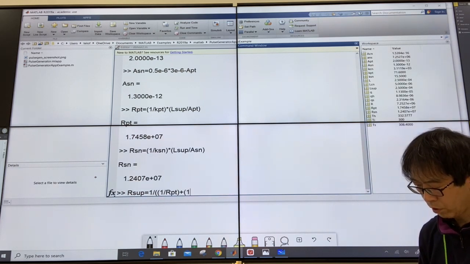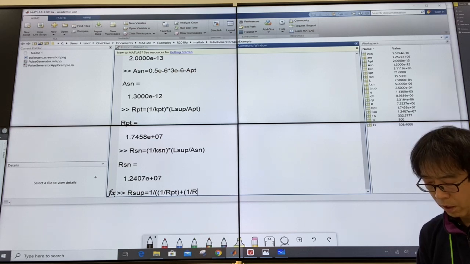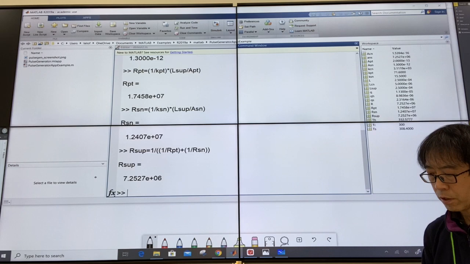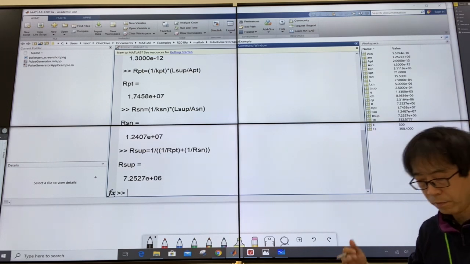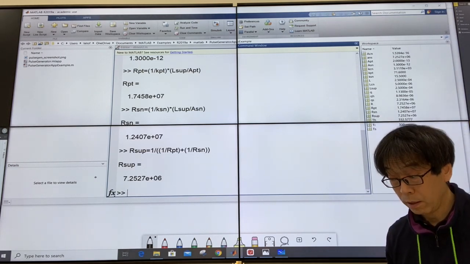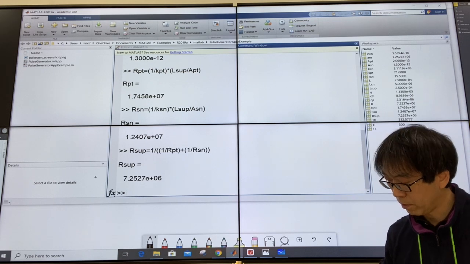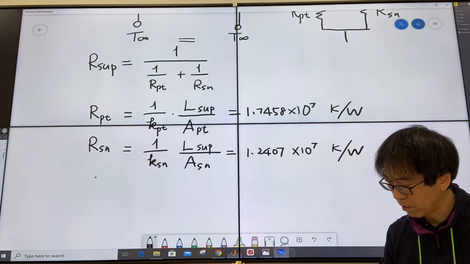Plus 1 over silicon nitride, which we have already calculated. It's going to be 7.25 something times 10 to the 6th power. So let me write it down.